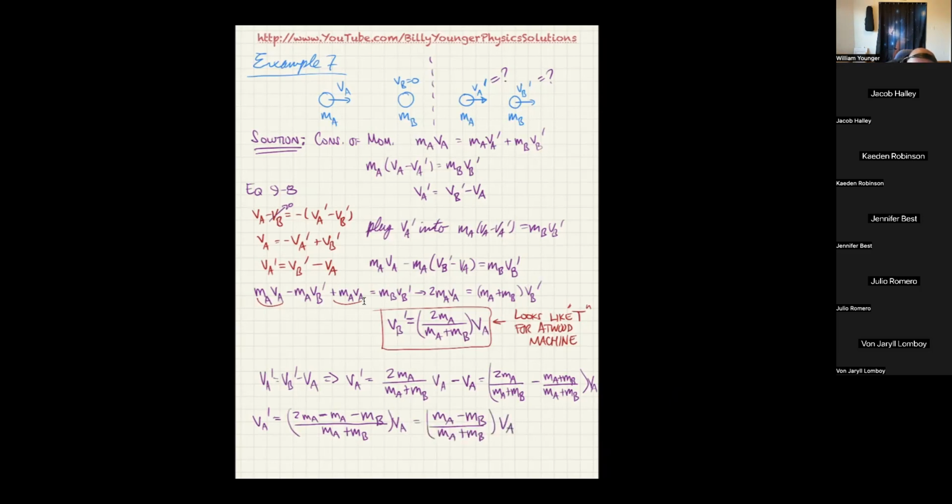And notice this one looks exactly like the acceleration from the Atwood machine. So I'm going to say now that VA prime, which was what we were trying to solve for, is MA minus MB over MA plus MB, all of that times VA.